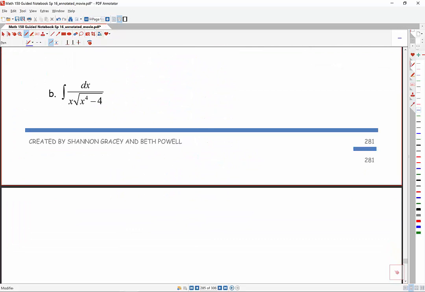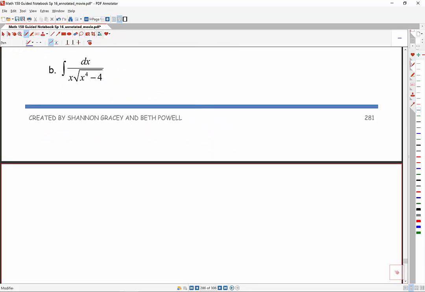Okay, so next up, we've got this situation. So what do you think about this guy? It kind of looks like our arcsecant result, doesn't it? Because if we did a straight up u sub, with u as x to the 4th minus 4, we'd need a 4x cubed, and we don't have an x cubed there. So let's check it out.